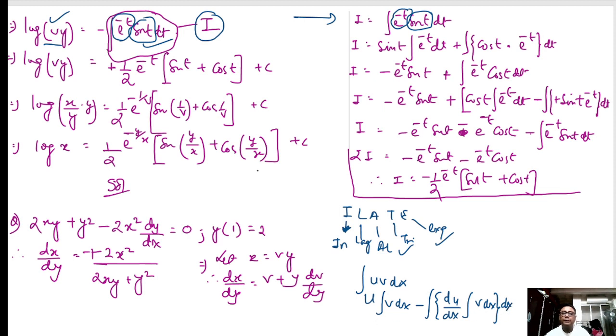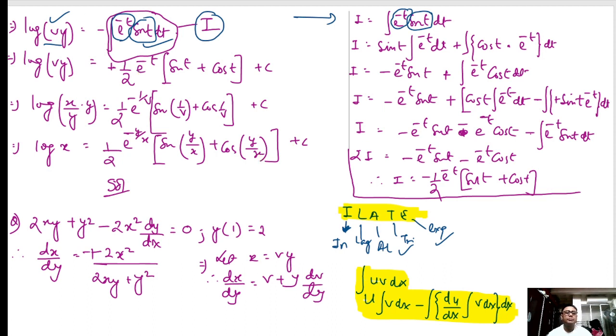So remember, this is the formula for the product rule of integration, which we have to follow. Which one to take as U? Whichever comes first in the order will be taken as U.